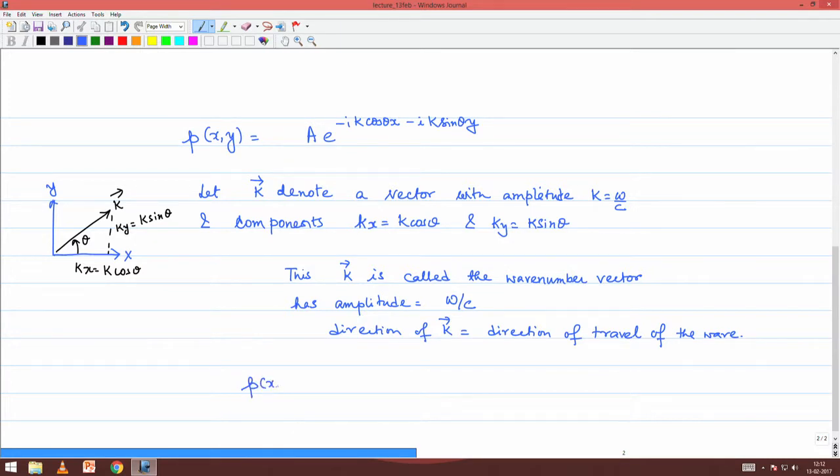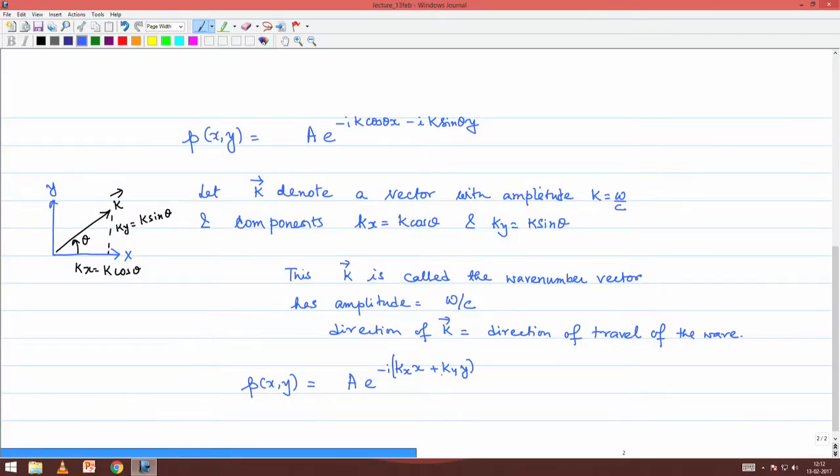So, now what is the benefit we get? We say that p of x comma y is a e to the power minus i (k x x plus k y y). So, now we are getting to see two components of the wave number.